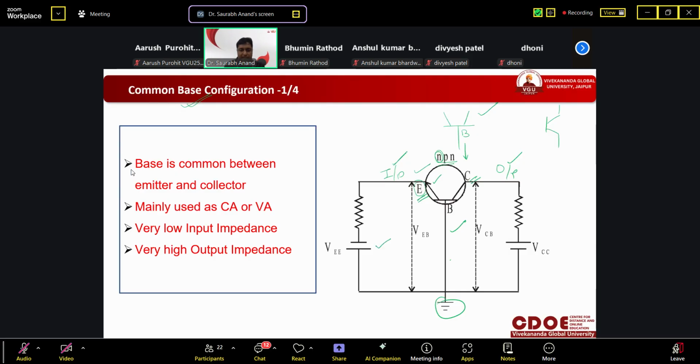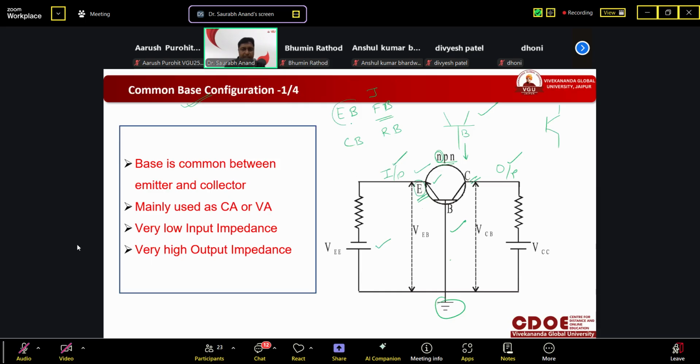Now the battery. The emitter base junction should be forward bias, right? And the collector base junction should be reverse bias.